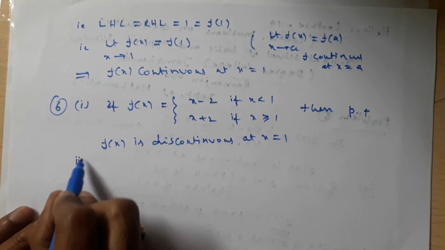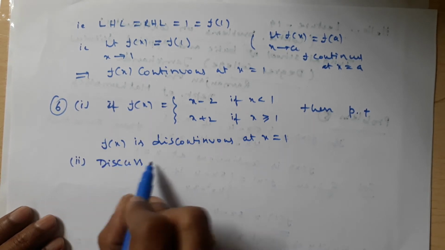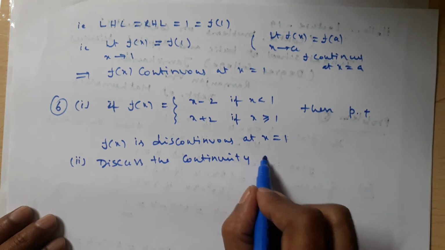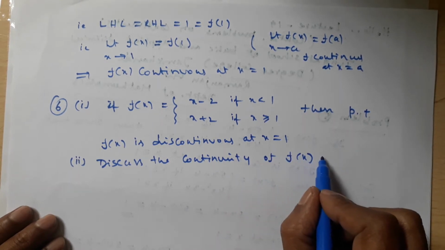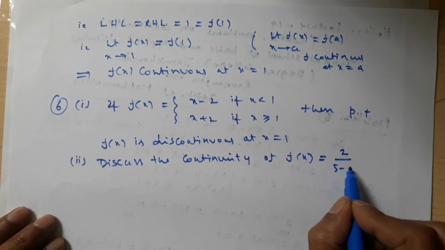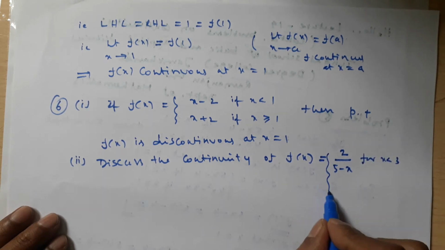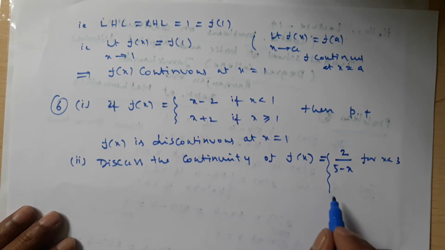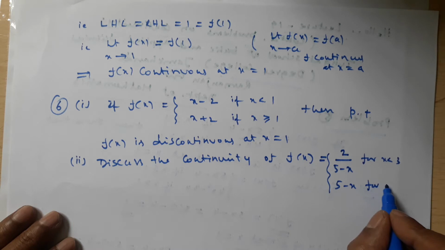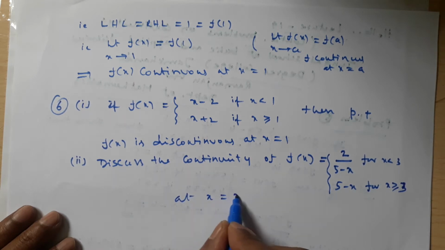Second problem: discuss the continuity of f of x equal to 2 divided by 5 minus x for x less than 3, and 5 minus x for x greater than or equal to 3, at x equals 3.